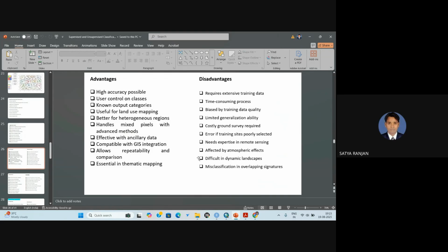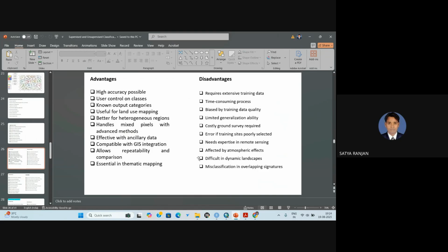Then it has defined output categories and is useful for land use mapping, better for heterogeneous regions. That means if some areas have forest, agricultural land, water bodies, croplands, and all different features, then supervised classification is best for this.